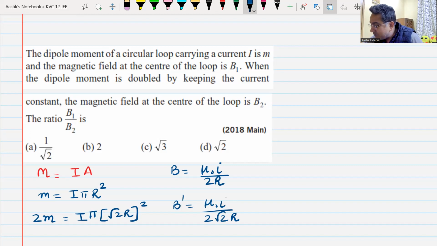Magnetic field B1 by B2: B1 is the original field, B2 is the new field, and the answer has to be option D. And this is the answer that we are looking at. Anyone got this answer? I'll give you 2 minutes to note this down.